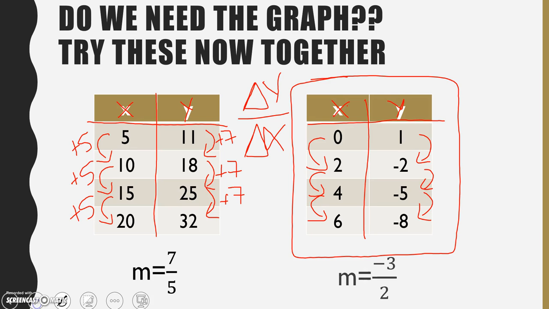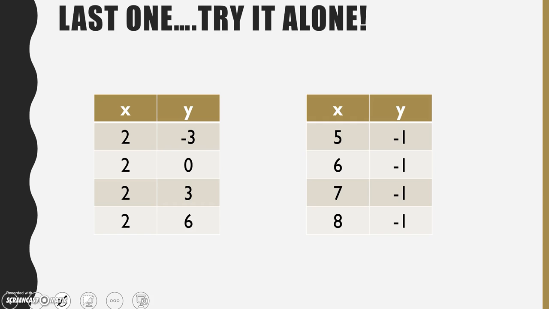All right, hopefully you found the slope and you found it to be a negative 3 over 2, which we write with the negative out in front, negative 3 over 2. All right, so I want you to pause the video and see if you can figure these two out.